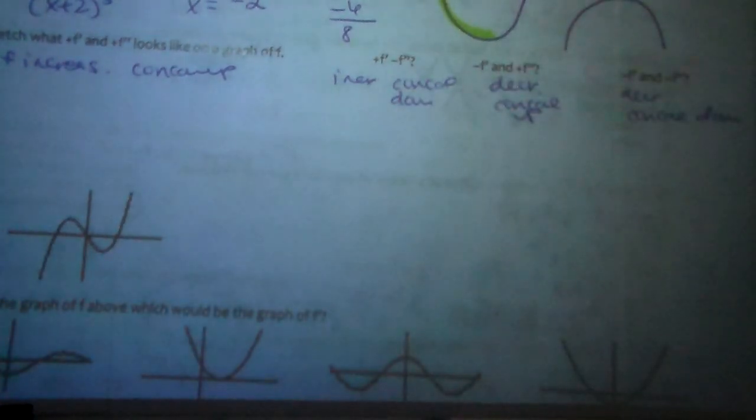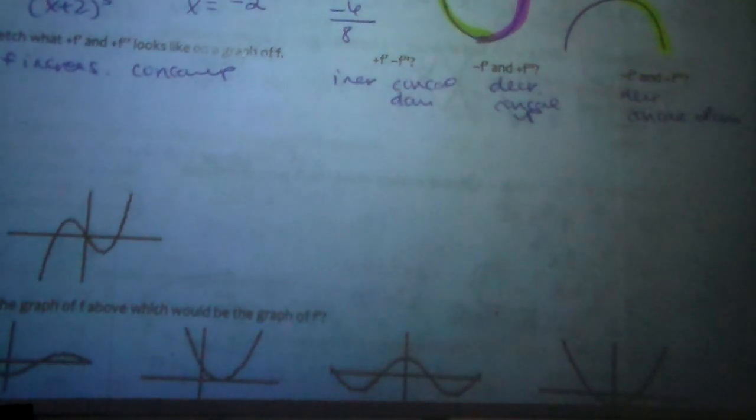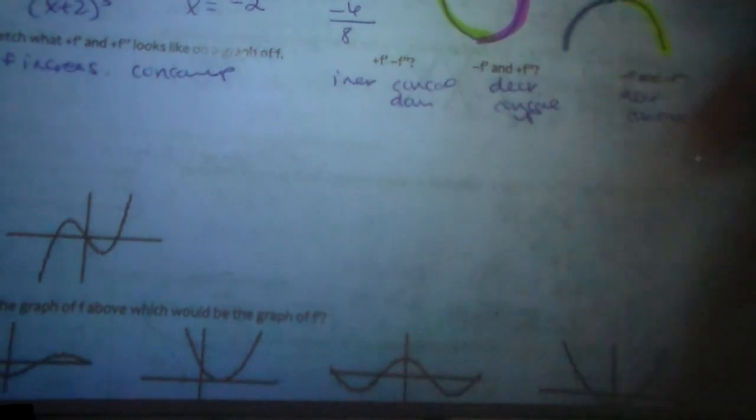This is decreasing and concave down. So I literally drew concave up and concave down, and then this part is decreasing, this part is decreasing, and then this one is increasing, and last color, increasing.